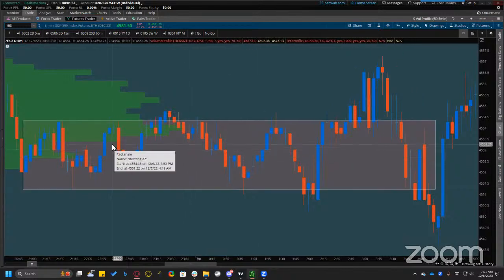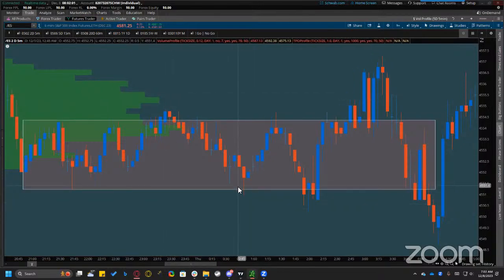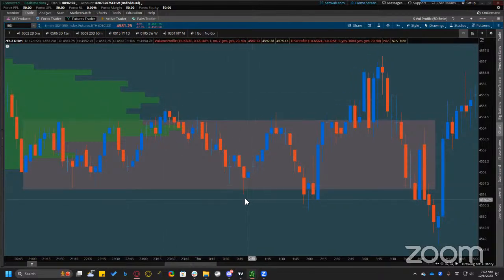Think about the way a zone works. When you're in a range and you go short from the high, your stop goes above the range. If you go long from the low, your stop goes under the range. So liquidity resides on the other side of the pivot.